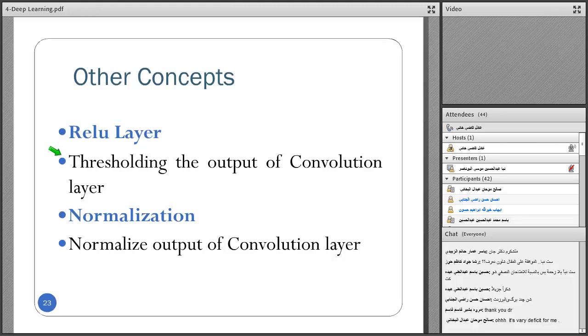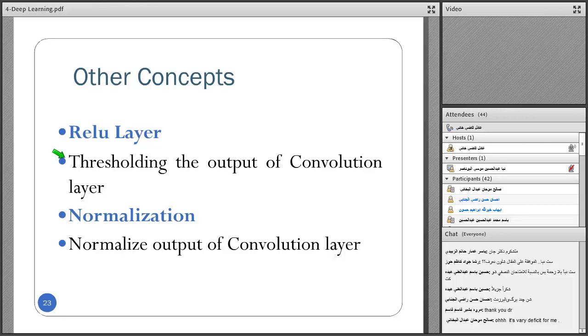It means that, in the thresholding, we have a threshold, and we say that if the numbers are higher than the threshold, they are saved. If they are lower, they are put to 0.